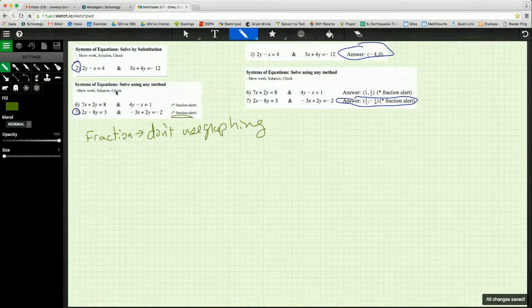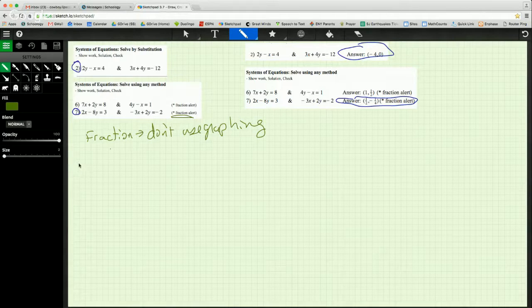The second thing is I don't want to solve by substitution because it's going to be hard for me to solve for x and y without creating fractions in here, right? It's neat if you can easily create x equals on one or y equals on one of the equations to do this substitution thing. But in these cases, it doesn't look like substitution is going to work out.